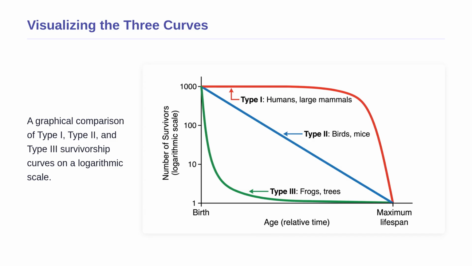That is the Type 1 curve, staying high until old age. The blue diagonal line is the Type 2 curve, showing constant mortality. And the green line, plunging downward immediately, is the Type 3 curve, showing massive early death. This single image beautifully summarizes the life and death struggles of different species.